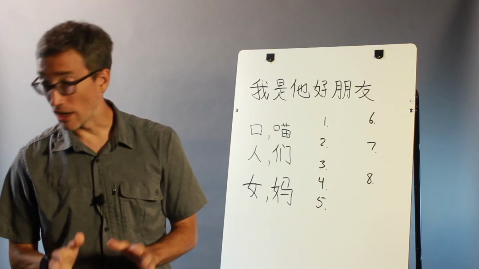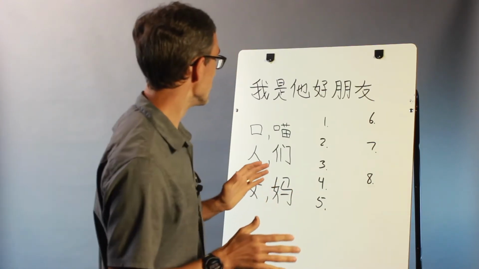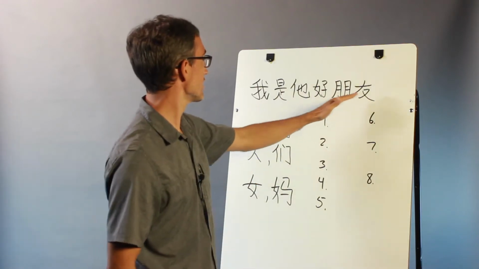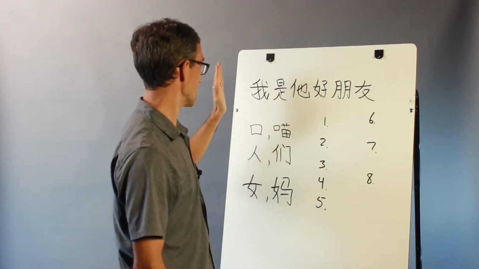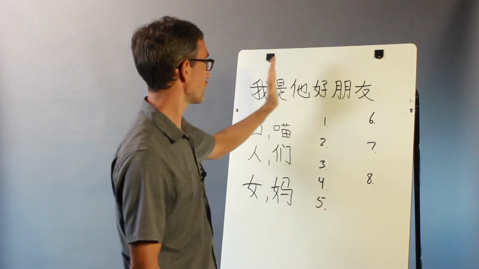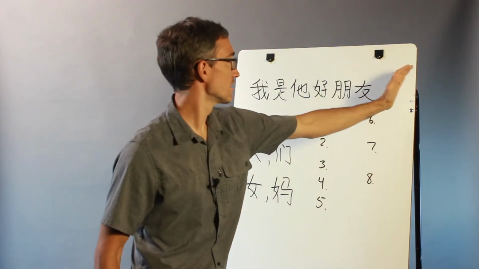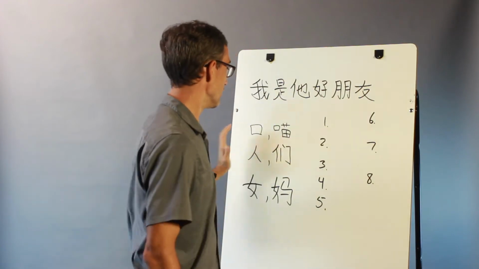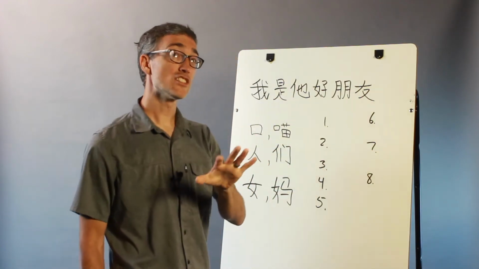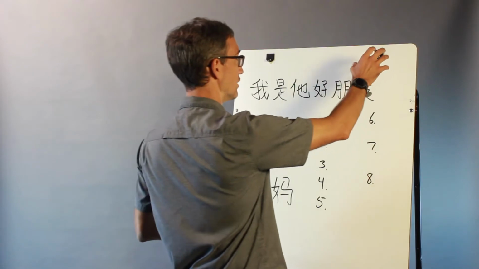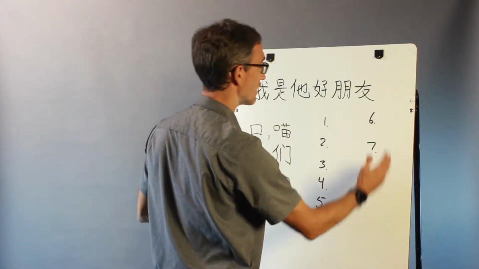Okay, writing direction. You'll notice in this sentence, it's like English in that it's left to right, and then up to down. We do a sentence, we do a line here, another line, and so forth. In ancient Chinese, it was up and down first, and then right to left.